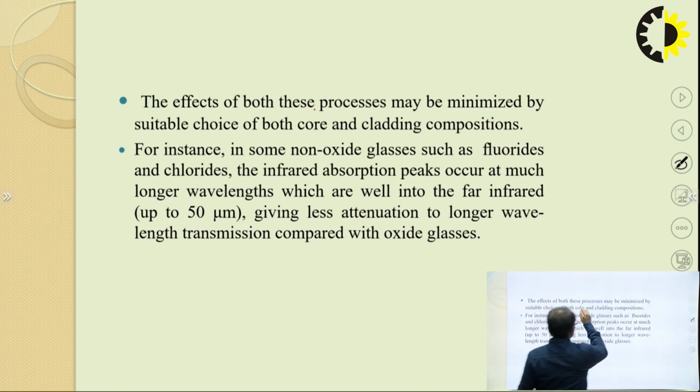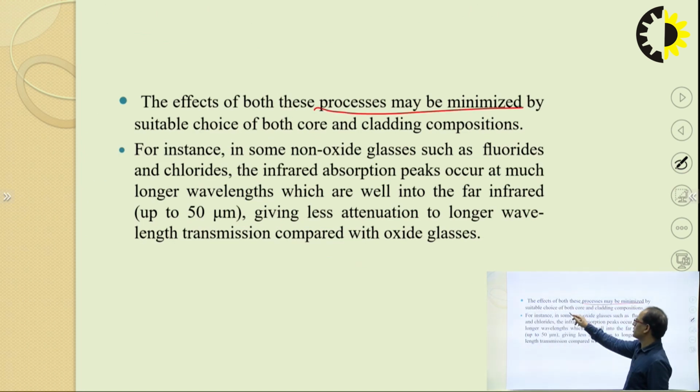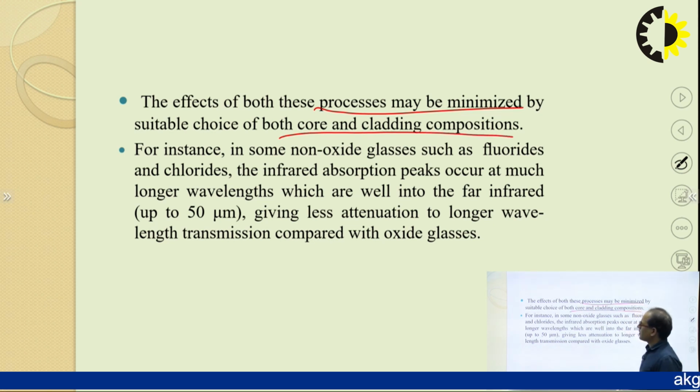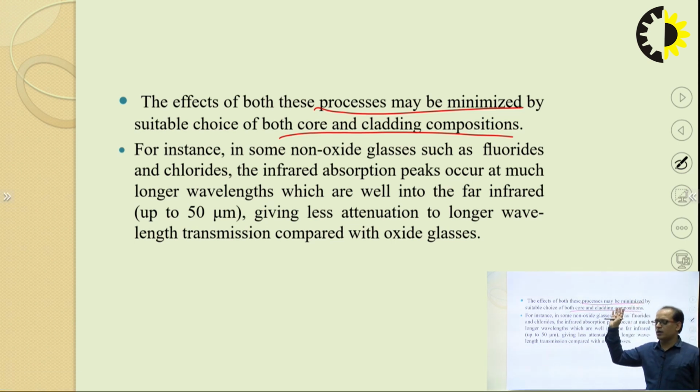The effect of both these processes can be minimized by a suitable choice of material for both core and cladding. It means this material absorption will always be there, but it can be minimized by a suitable choice of material used in manufacturing the core and the cladding.